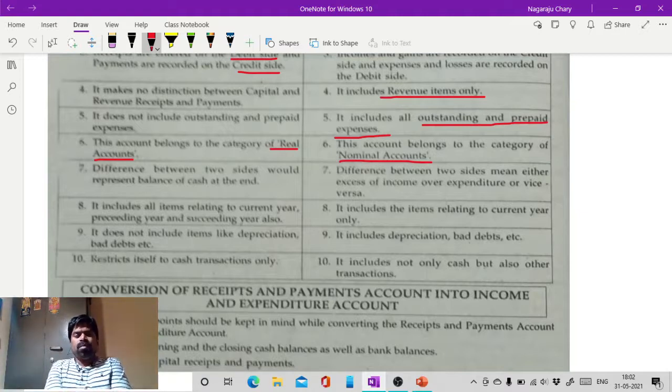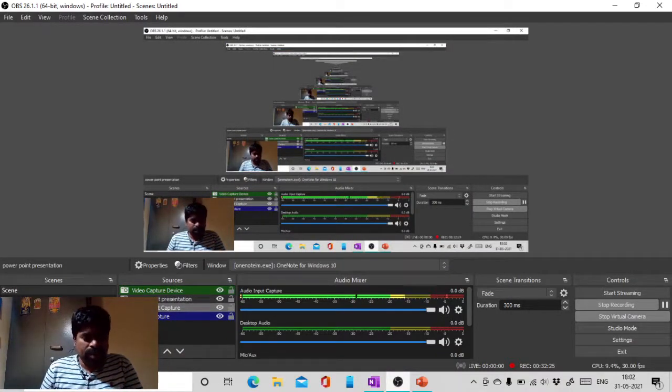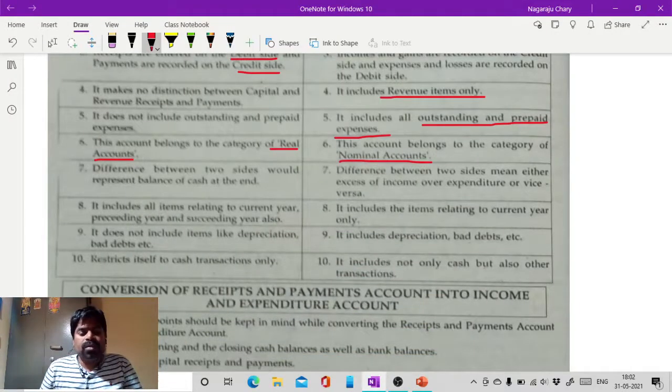What is to be considered and what is not to be considered is most important. Then you can get a clear idea about the receipts and payments account and the income and expenditure account.